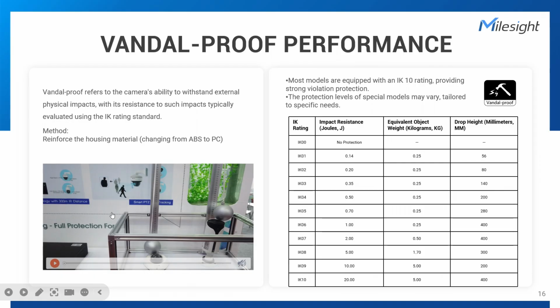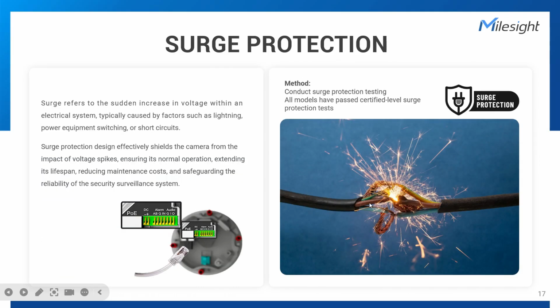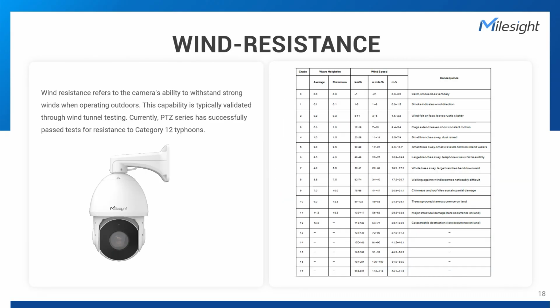And also, for surge protection, we ensure that all of our cameras pass the surge protection testing before they go to the market. And for cameras usually located in outdoor scenarios, we send them to do the wind resistance test. Currently, our PTZ series has successfully passed the test for resistance to Category 12 typhoons.